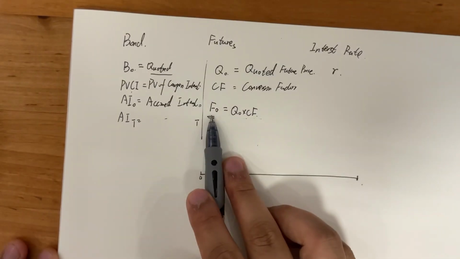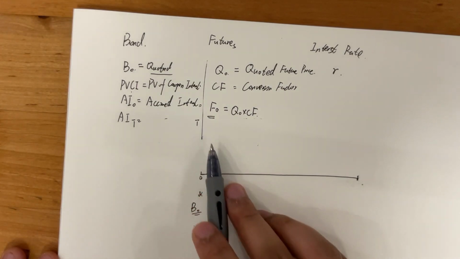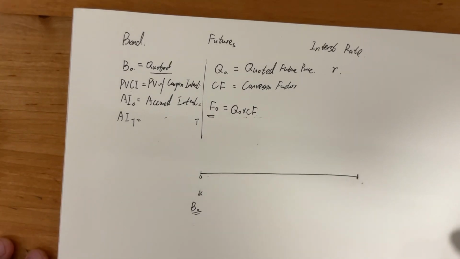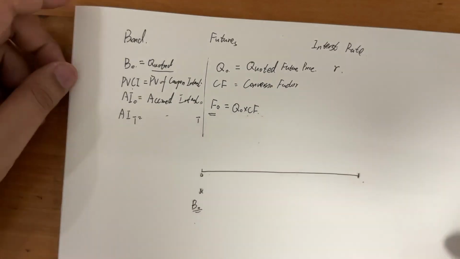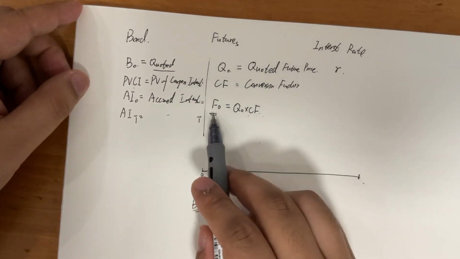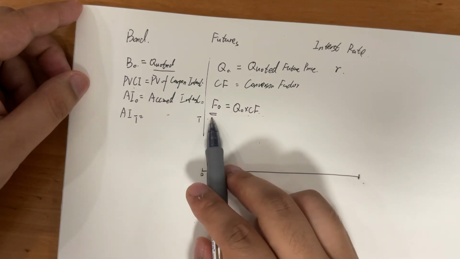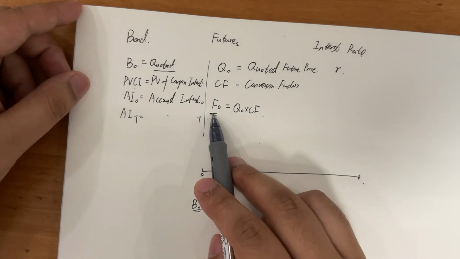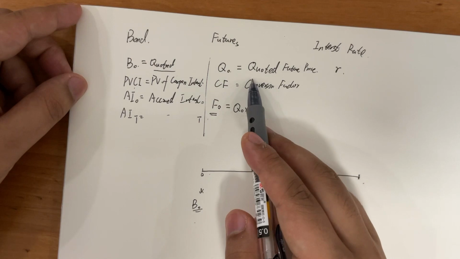That will be the future price from our previous video, in the best scenario, a research or pure mathematical scenario. You use F0 as that specific future price, but in the real market you're not going to get that best scenario. You have to use whatever is quoted.